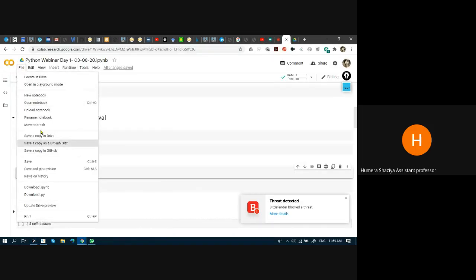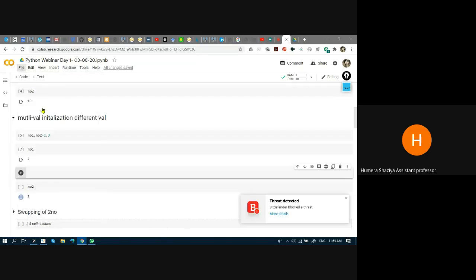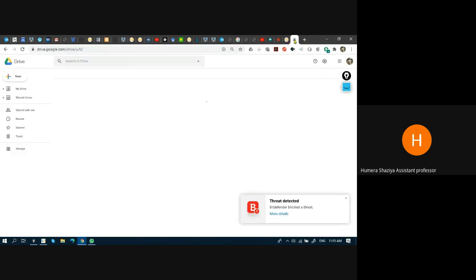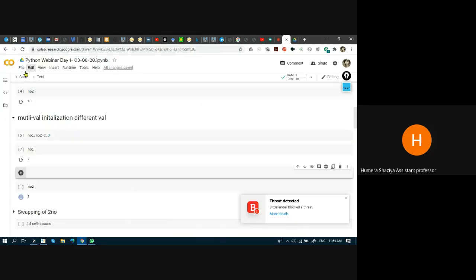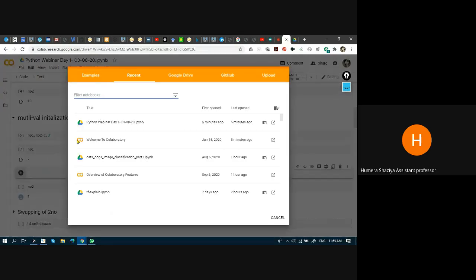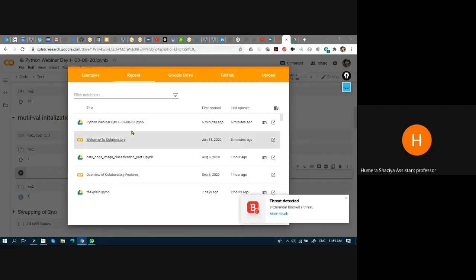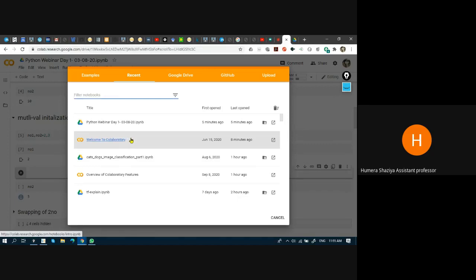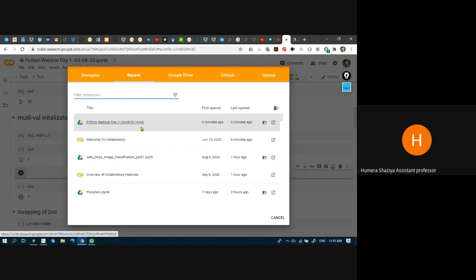File, open notebook. I can open from the recent notebooks. Python program extension is .py, and when you write a Python program on Jupyter Notebook or Google Colaboratory, the extension would be IPYNB, which means IPython Notebook. IPYNB is the extension.